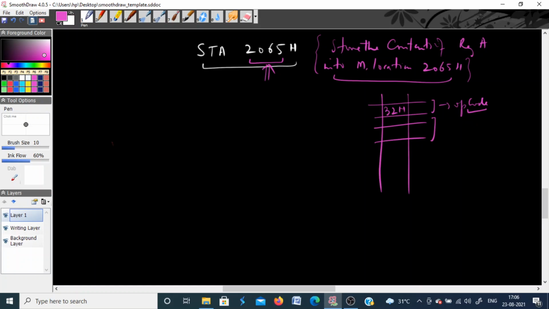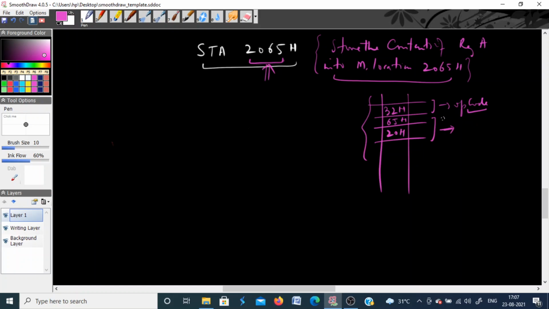Now the first byte is opcode, and the next 2 bytes are the address of the memory location, not data. Whenever you store a memory address in memory locations, we store it like this: 65H first followed by 20H. This is the standard procedure: lower order address first, followed by higher order address.